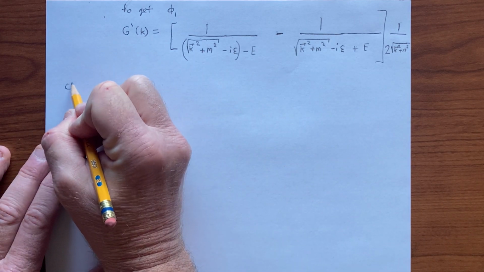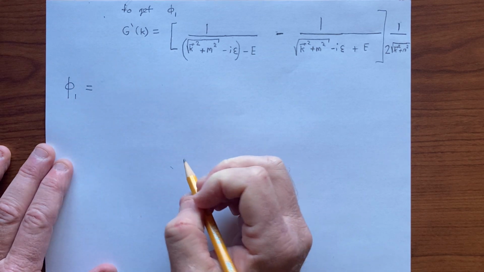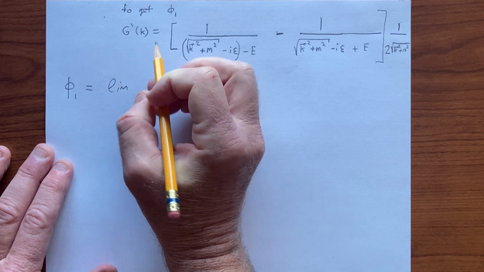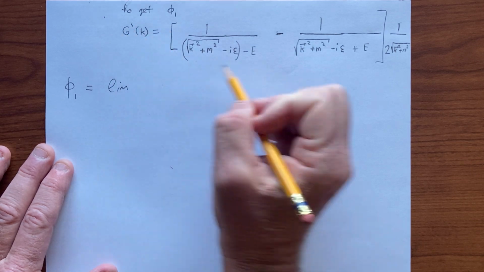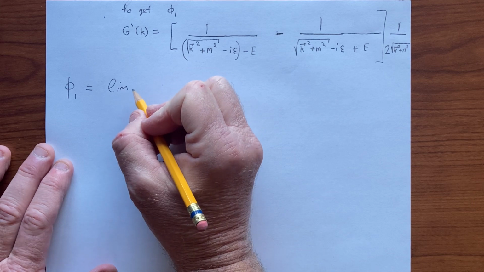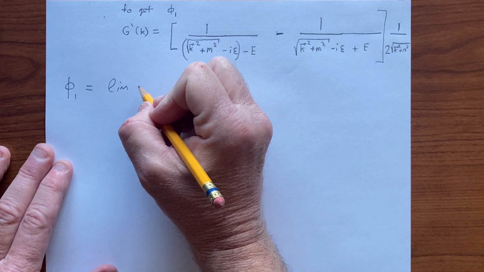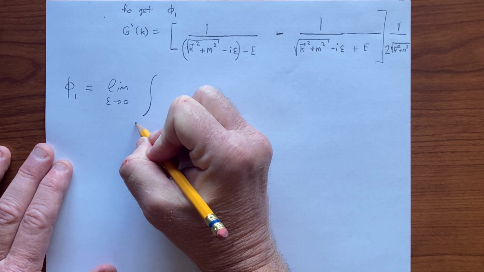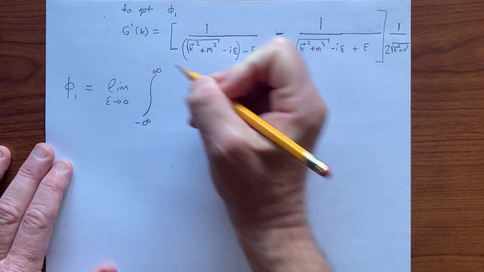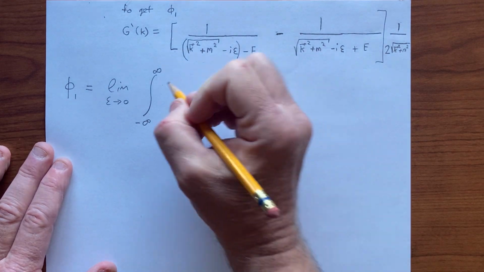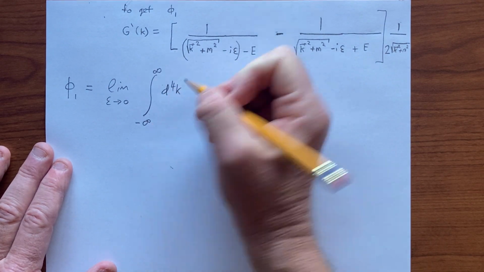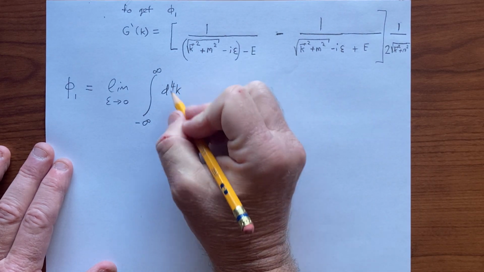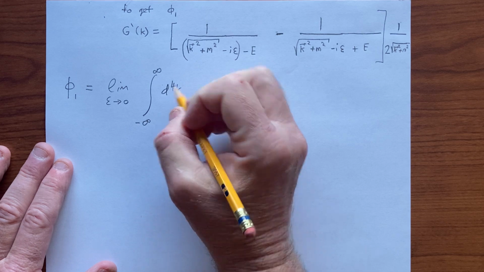So maybe we can write what phi 1 is in terms of G prime of K. What we found is that as we make epsilon go to 0, we get the G prime that we cared about. So epsilon goes to 0, minus infinity plus infinity, d4k, so we're integrating all k values, all of the components of k.